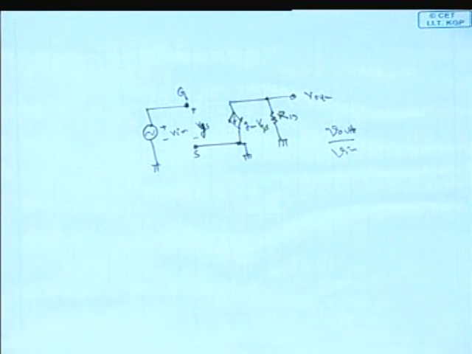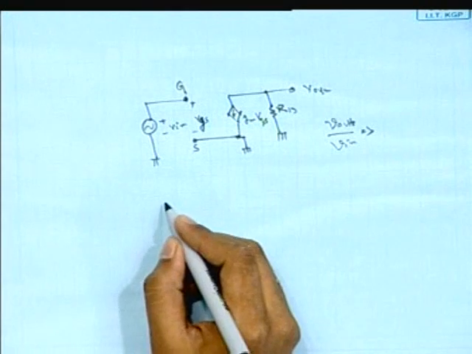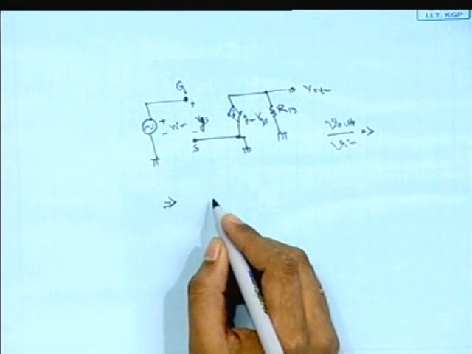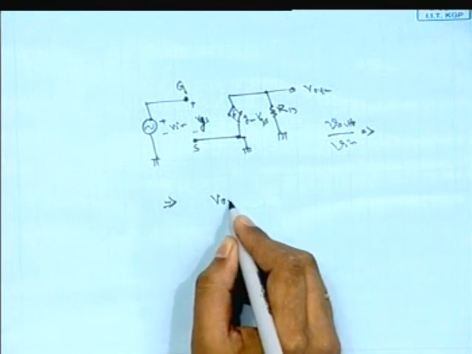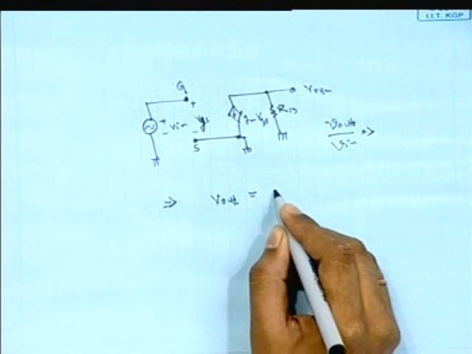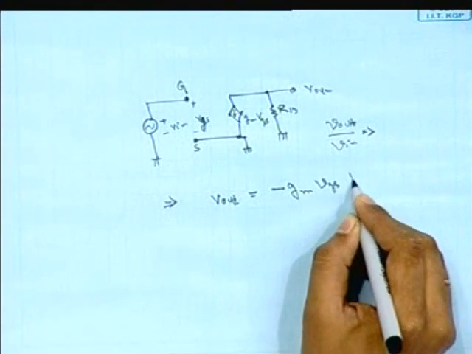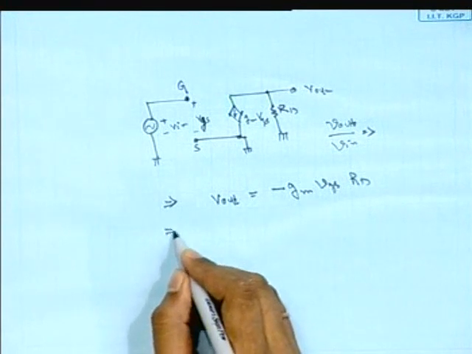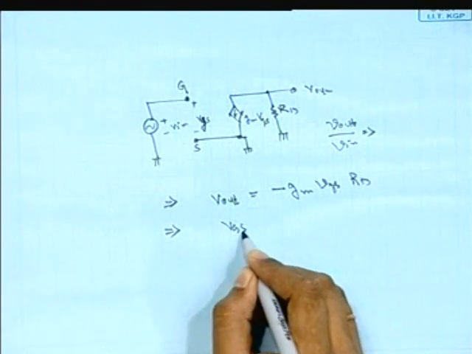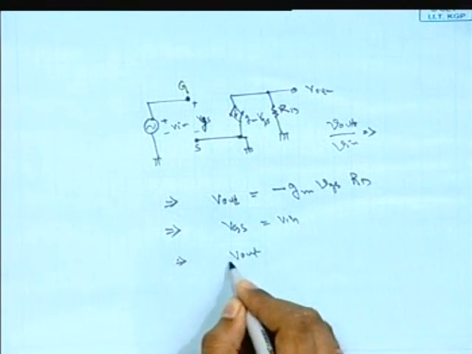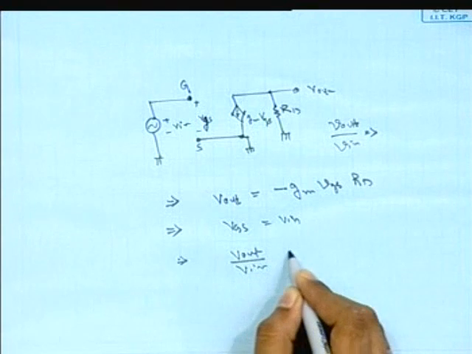We can easily calculate that from our circuit theory knowledge. Through RD the current will be gm VGS. Then the output voltage is minus gm VGS into RD, and VGS is nothing but Vin, so Vout by Vin is minus gm RD.